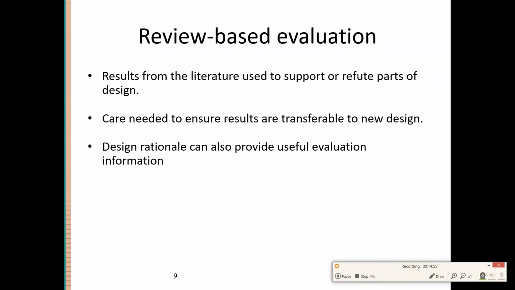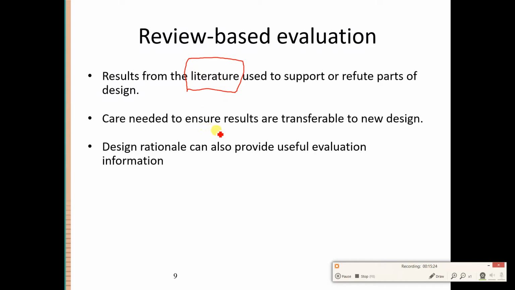The third kind of evaluation in which the user is not participating is the review-based evaluation. Results from the literature are used to support or refute part of the design. In this evaluation, we refer to some research paper, some literature, some book, and we see whether the design fulfills the principles mentioned in the literature or not.